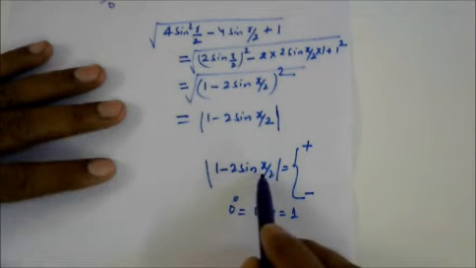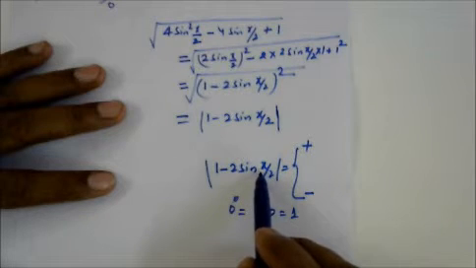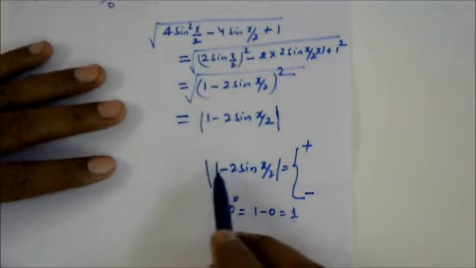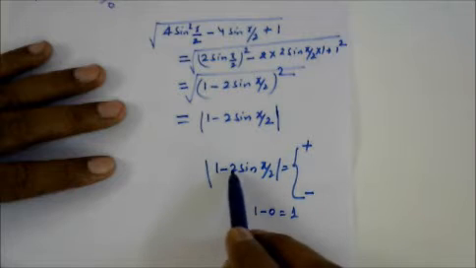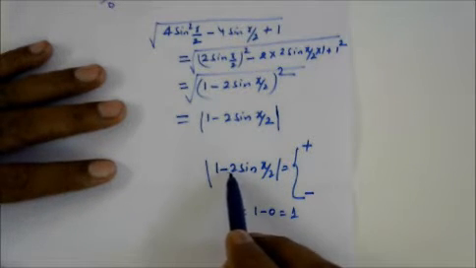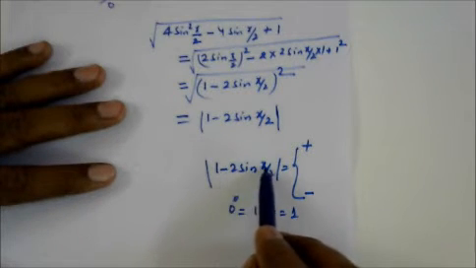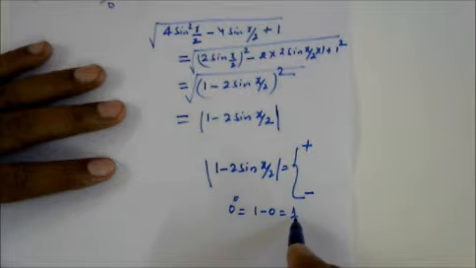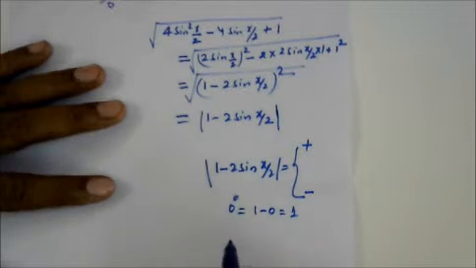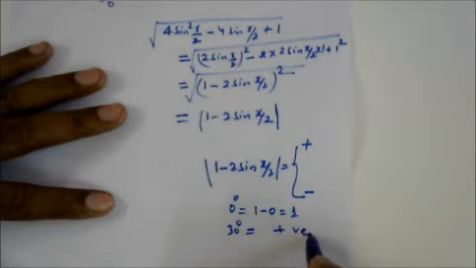Sorry, x by 2 becomes 15 degree, so the value is just about half, and that multiplied with 2 will not increase it much. So it is 1 minus that. Even if we put 30 degree, it will come out positive only.